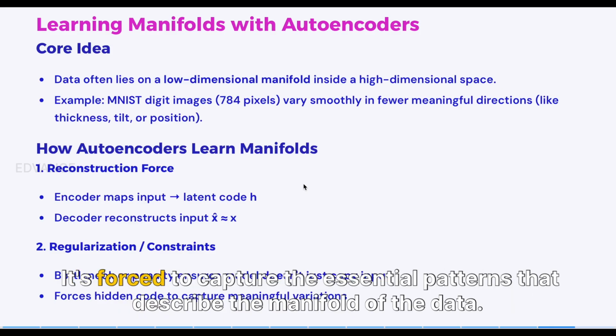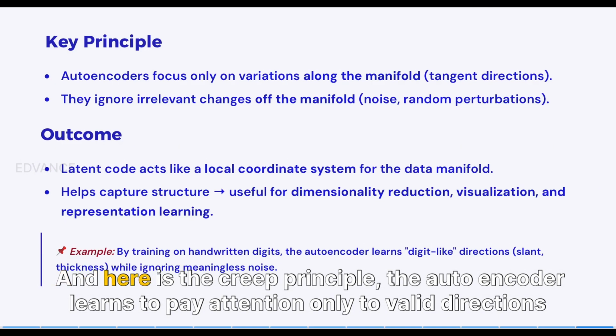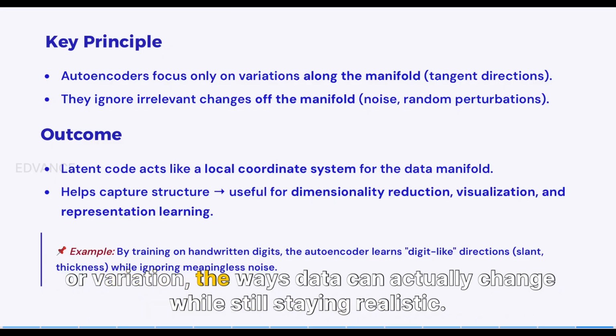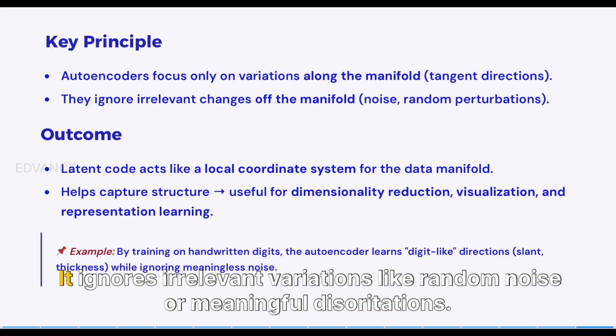It's forced to capture the essential patterns that describe the manifold of the data. And here is the key principle. The autoencoder learns to pay attention only to valid directions of variation, the ways data can actually change while still staying realistic. It ignores irrelevant variations like random noise or meaningless distortions.